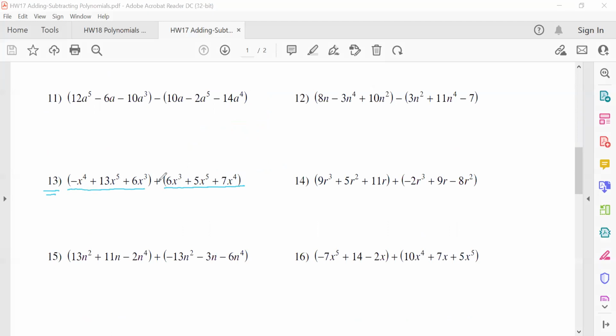They only have 1 variable, only x. They don't have y. So we can go based on the degrees. This one, the degree is 4. This degree is 5. This degree is 3, right? And the degree here is 3. Degree is 5. Here degree is 4. So you can see the terms with the same degree became the like terms.